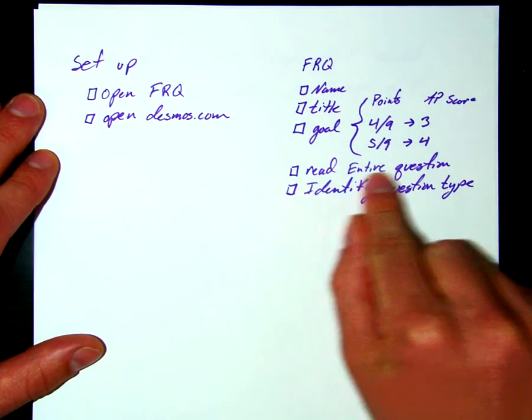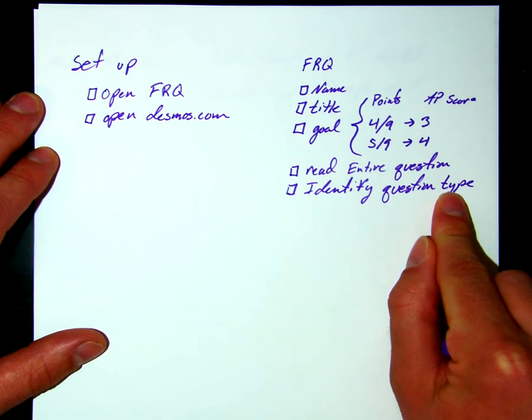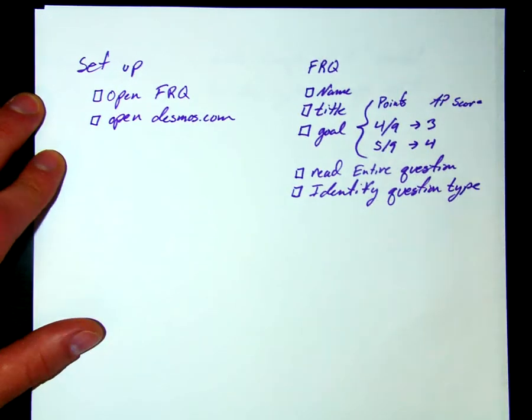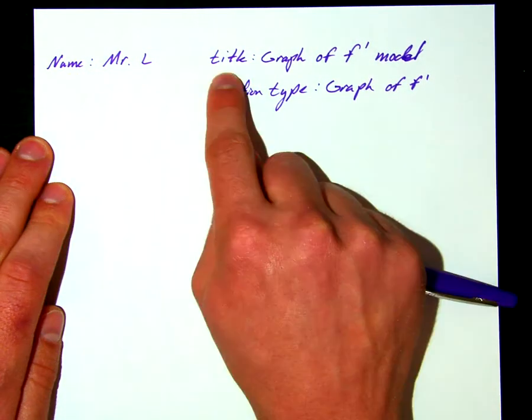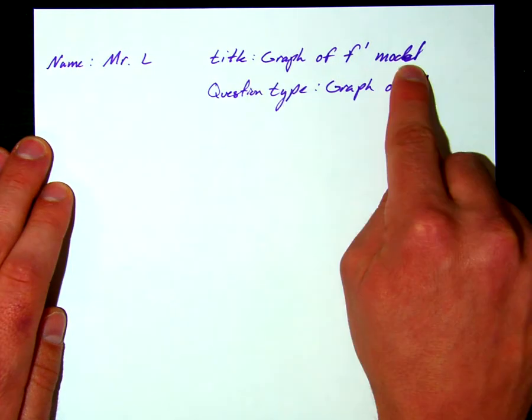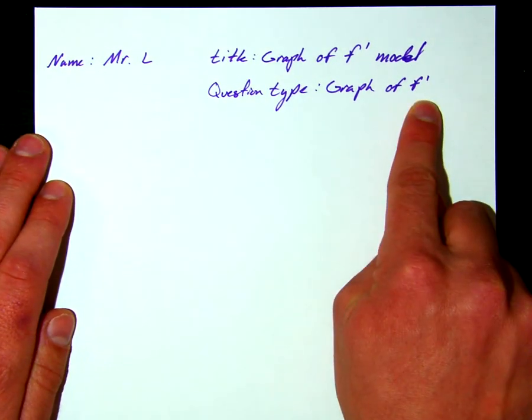After that, I'm going to read the entire question and identify the question type. All right, here's my name. My title is Graph of F prime model, and my question type is a graph of F prime.